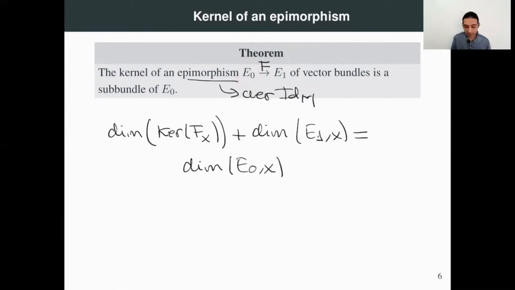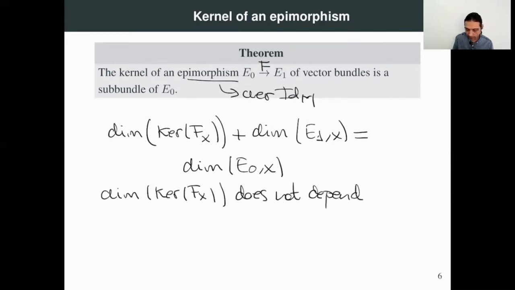So what we get is that the dimension of the kernel does not depend on x, okay? Because this dimension does not depend on x for the vector bundle E1, and this one does not depend on x for E0.